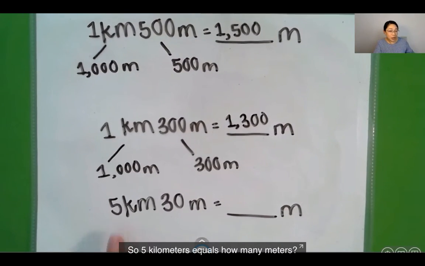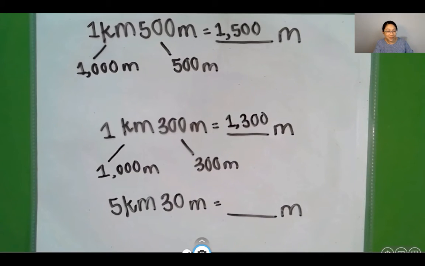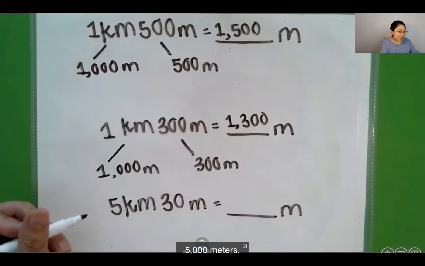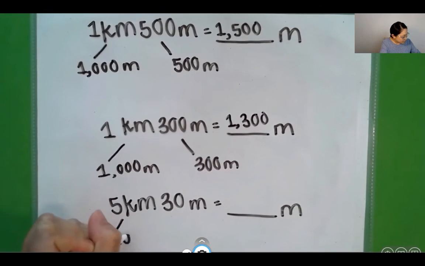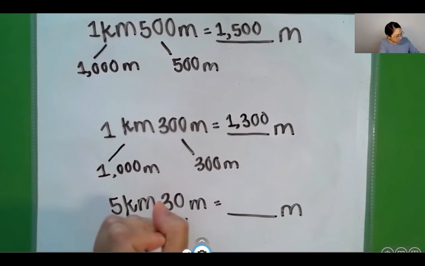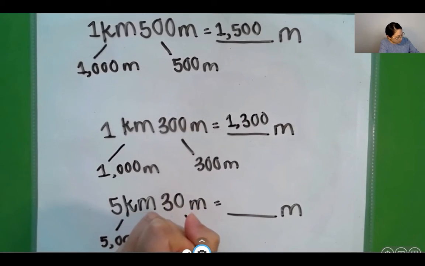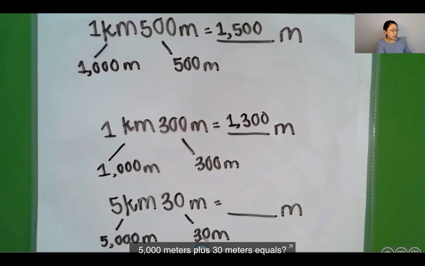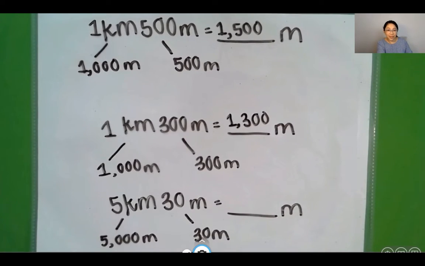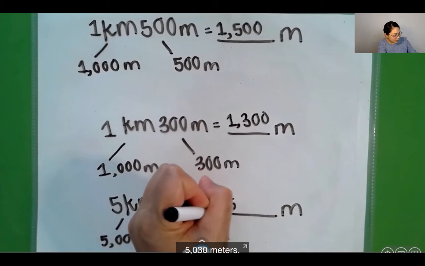So 5 kilometers equals how many meters? 5,000 meters. 5,000 meters plus 30 meters equals 5,030 meters.